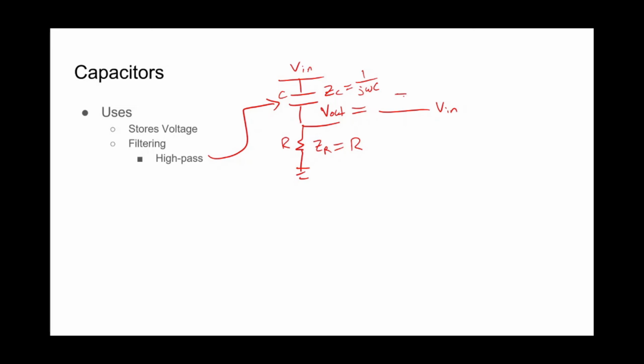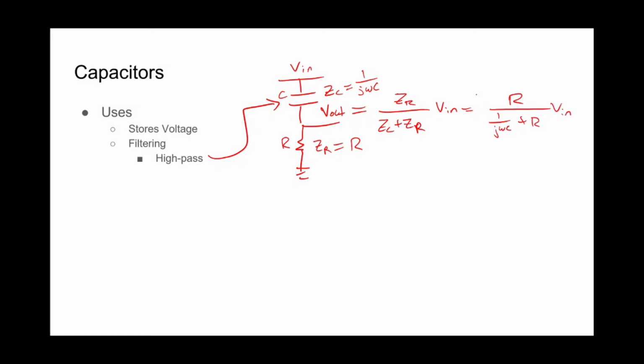All right, now we have our equation: Z sub R over Z sub C plus Z sub R times V in. That equals R over (1 over j omega C plus R) times V in.